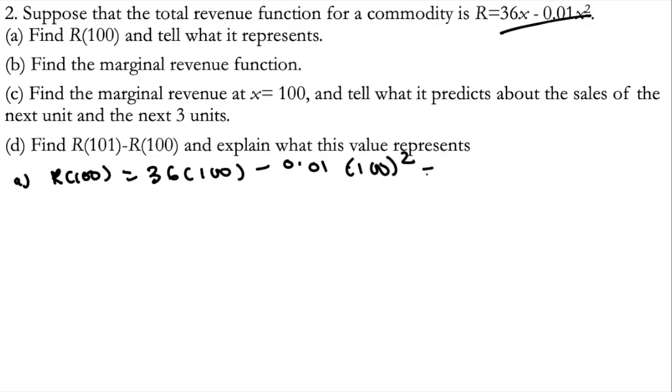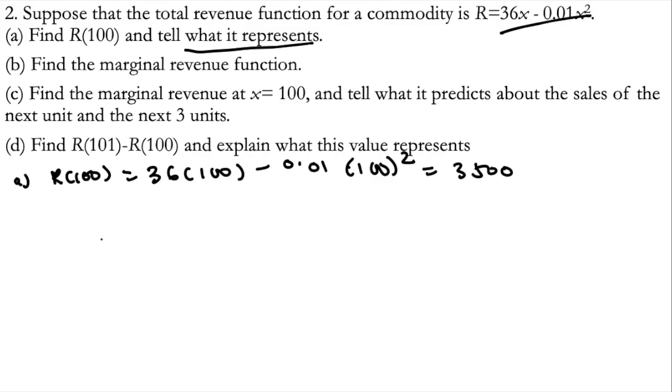Then you calculate the answer. The answer should be 3,500. This one shows the sales. Revenue actually shows the sales from the commodity of 100 units. That's how you answer 'tell what it represents'. So it shows that the sales of 100 units of commodity is 3,500.